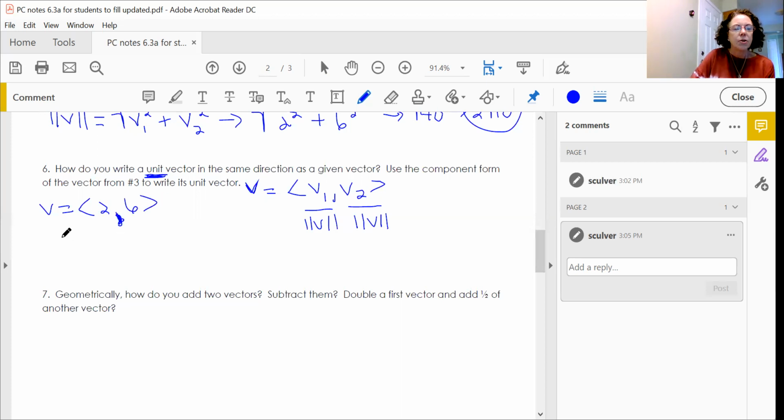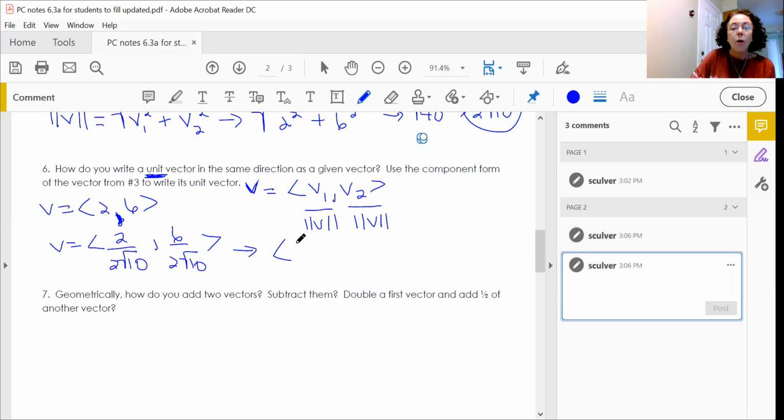Here we go. So that would be 2 divided by 2 square roots of 10, 6 divided by 2 square roots of 10. Here we go. We can reduce that a little bit. The 2s would cancel out. There we go.